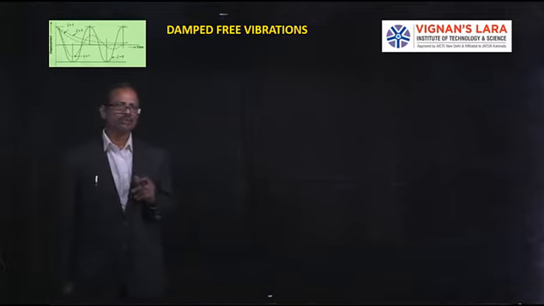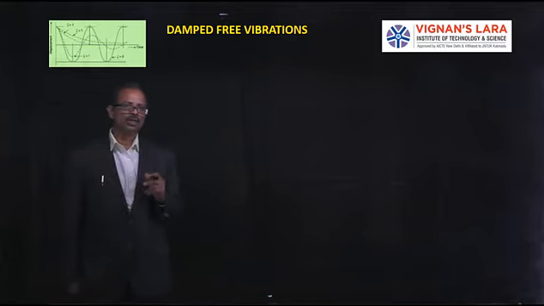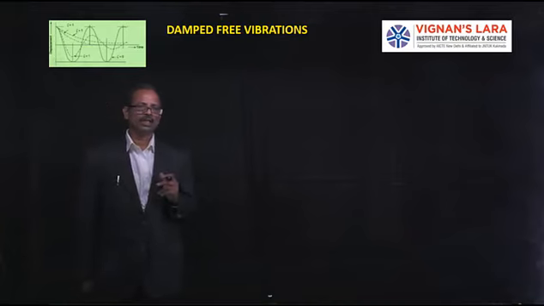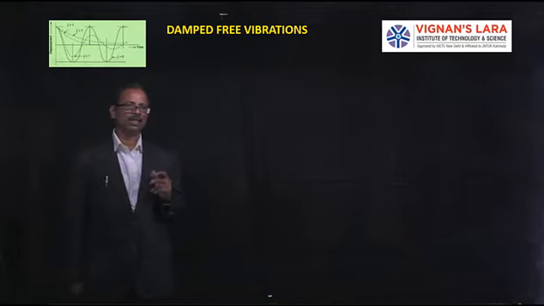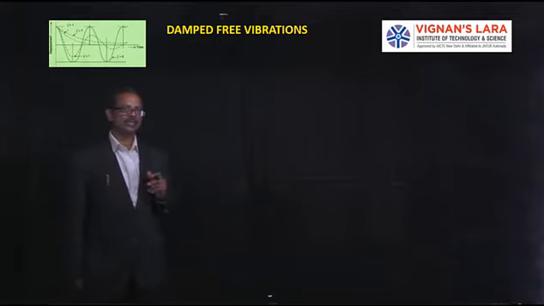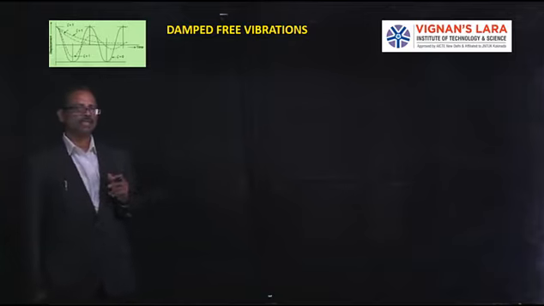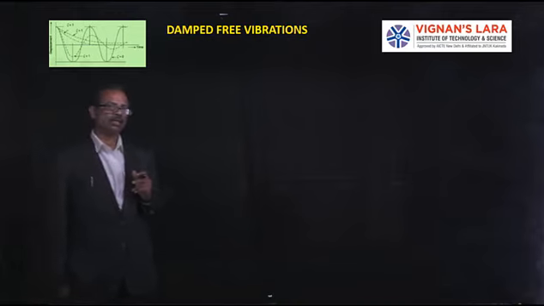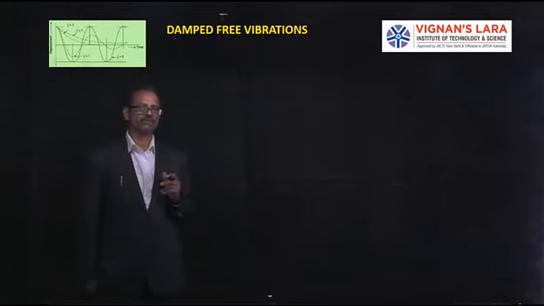Whereas in forced vibration we give an initial force and we don't leave the vibrating body as such. Further we continuously add the input force, which is called forced vibration. So the basic difference is the input energy or input force that you add. If you don't add it, it is called free vibration. If you add it, it is called forced vibration.